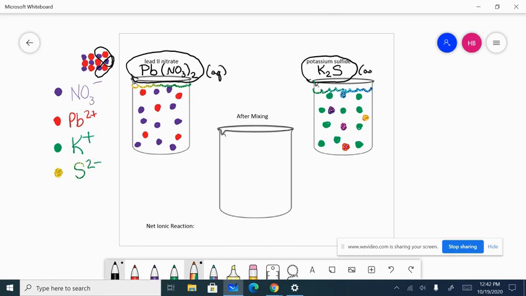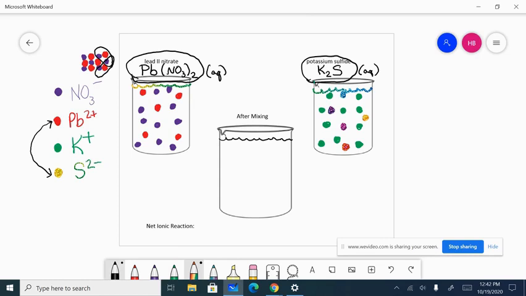So they went from solids. All ionic compounds are solids at room temperature. When you put them into solution, they will dissolve and they will be aqueous. So after you put them into the same container together, what's going to happen is that the lead and the sulfide are going to find each other.